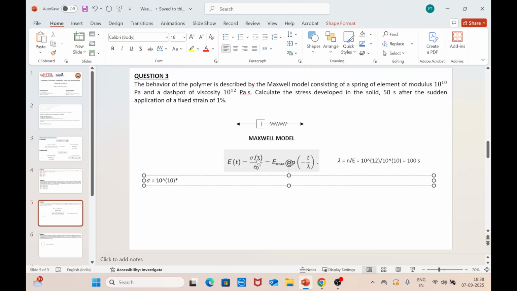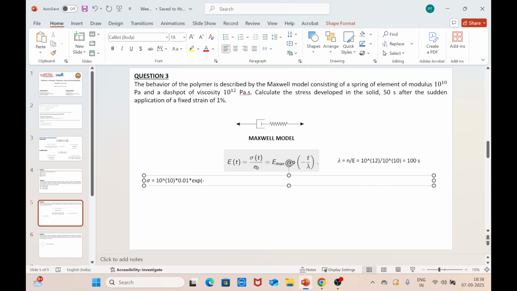So here we are calculating the stress, so we have to take the fixed strain also into our calculation. So epsilon naught is going to be 1%, which is 0.01. So that times this exponential factor.